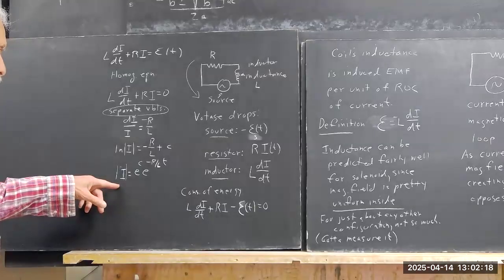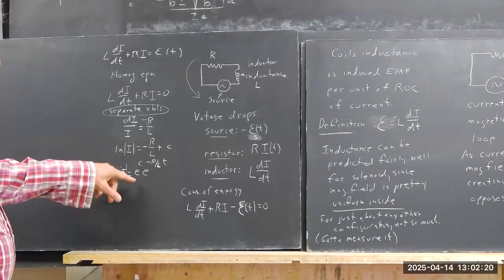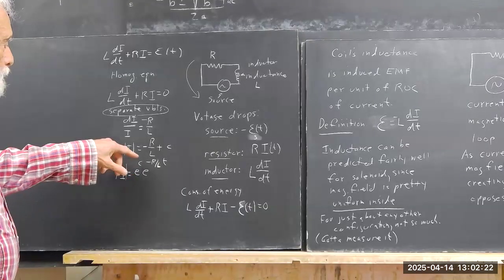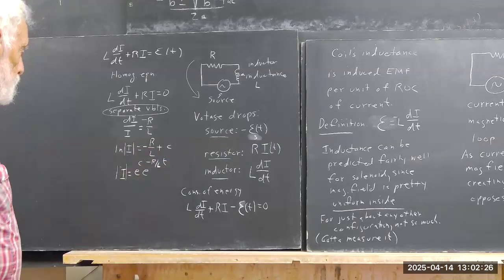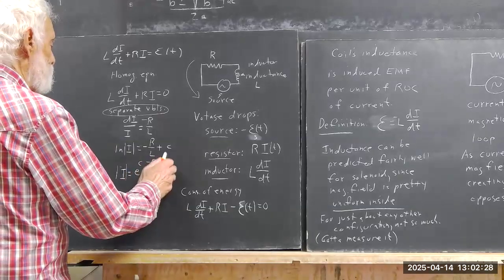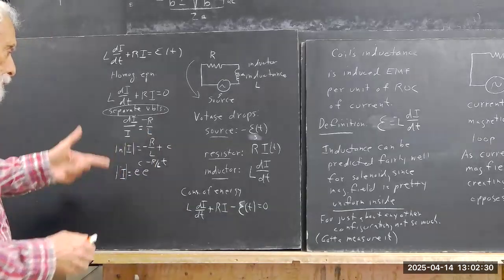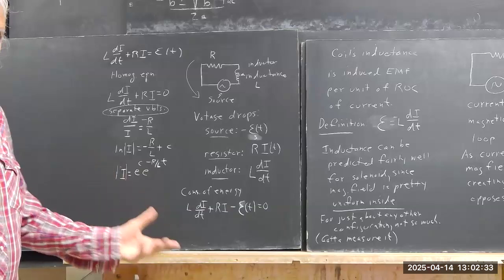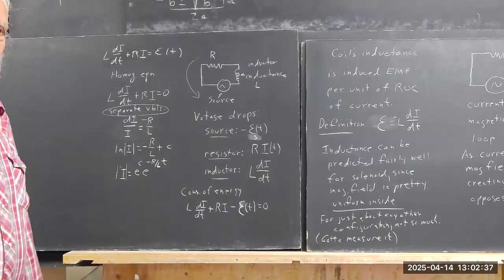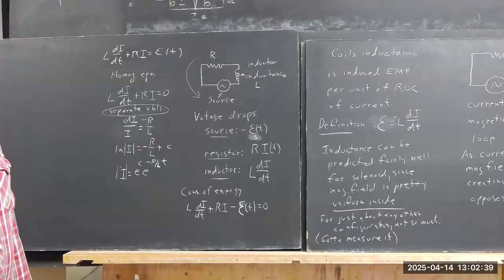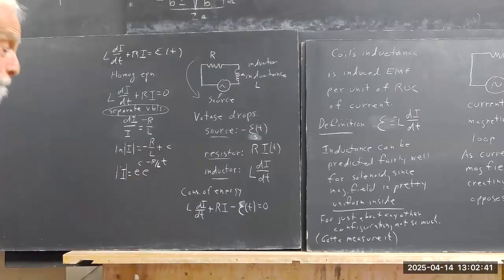This leads to magnitude of the current being e raised to the c power times e to the negative R over L times t. Since the exponential function is inverse of the natural log function, and if that doesn't seem familiar to you, you want to really think about it. So that's calculus 1.